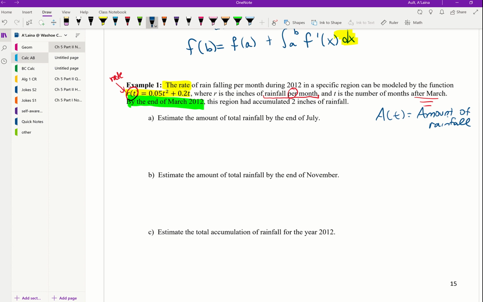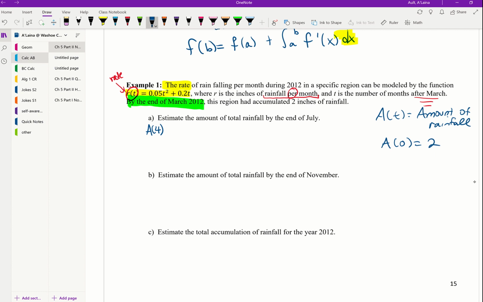Well, if by the end of March, and we're measuring t as months after March, this information, A of 0, is 2. If we're looking at months after March, we're starting with 2 inches after March. So if we want to find the total rainfall by the end of July, well, July is the 7th month, March is the 3rd month, 7 minus 3 is 4. We're trying to find A of 4, after 4 months have gone after March.